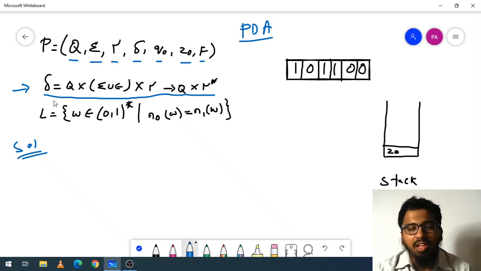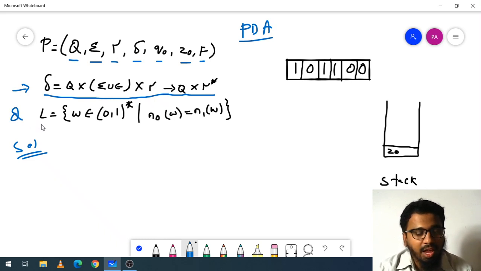In the exam you are going to get a question like this. It will give the language L equals W, where W is whatever string you are taking, and W belongs to (0,1) closure.